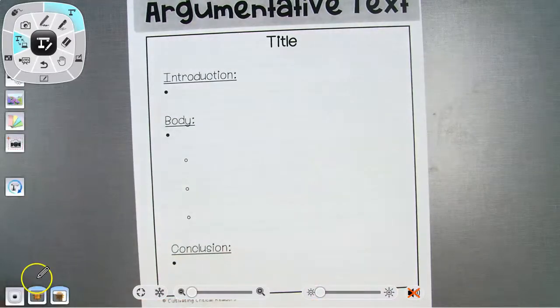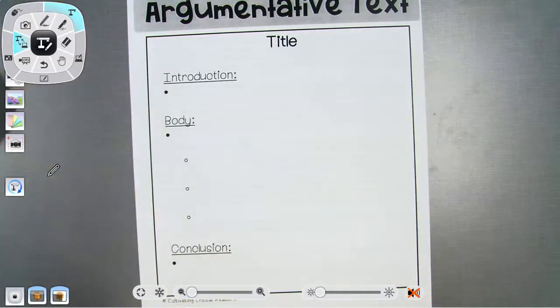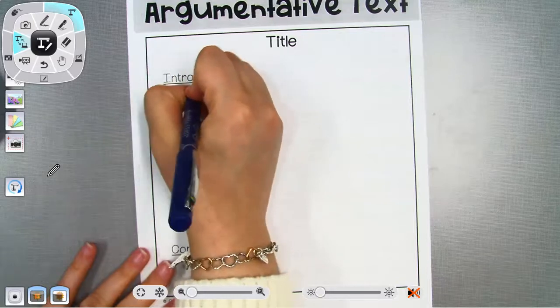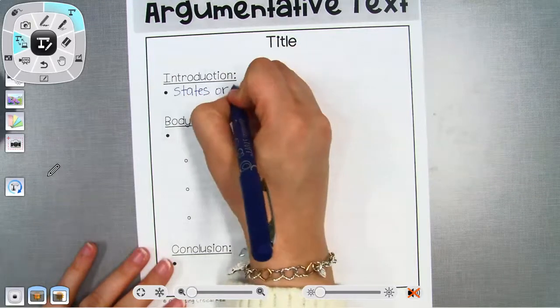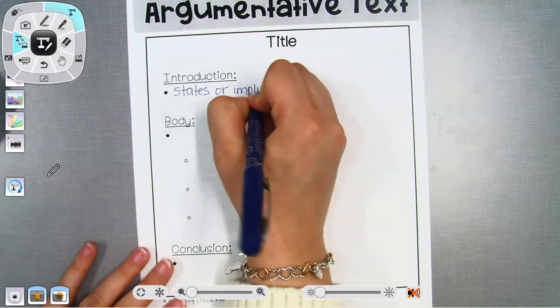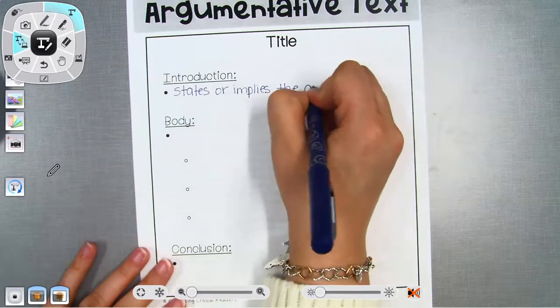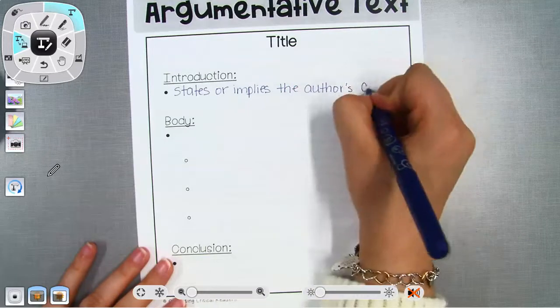In the introduction of our text, that is where it states or implies the author's claim.